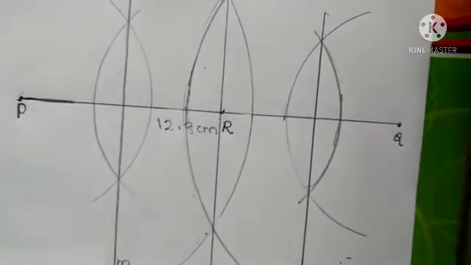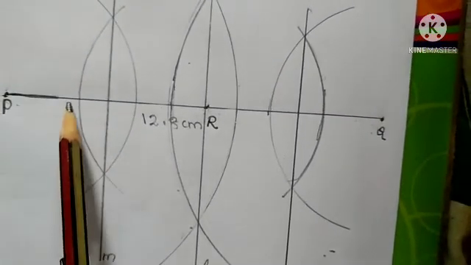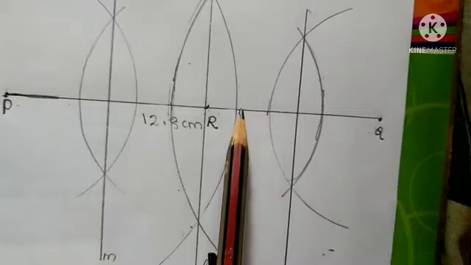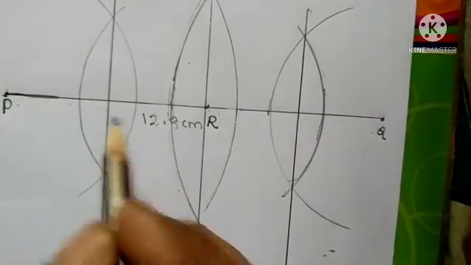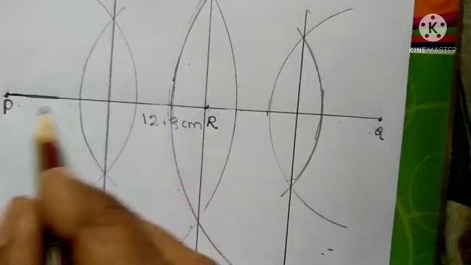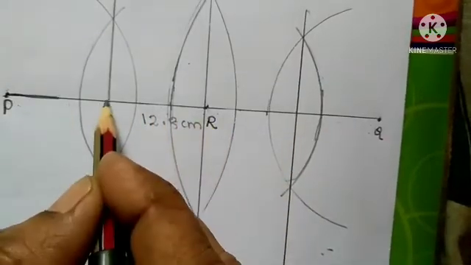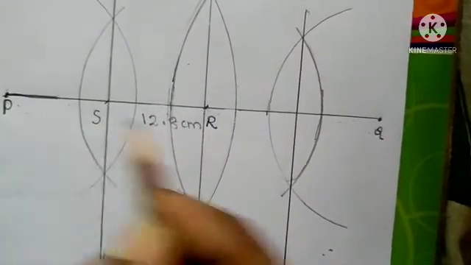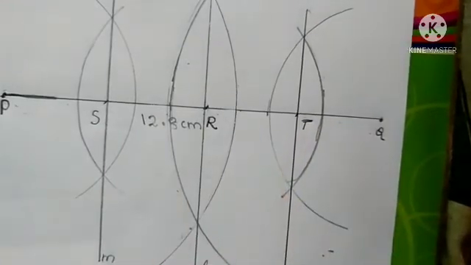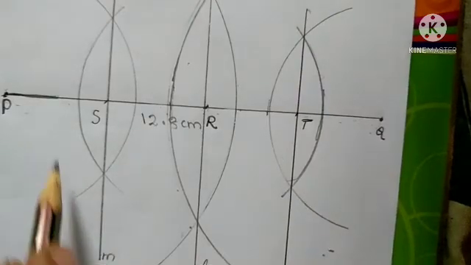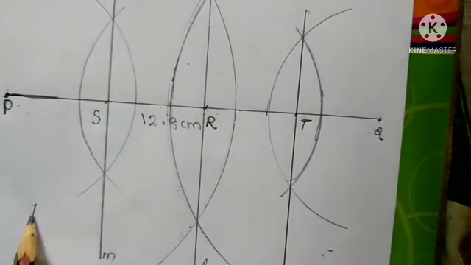Now you can see here 1, 2, 3, 4 equal parts. Let us give name for this. P, Q, R, here S and here T. So which are the 4 equal parts here? This line segment is PS.